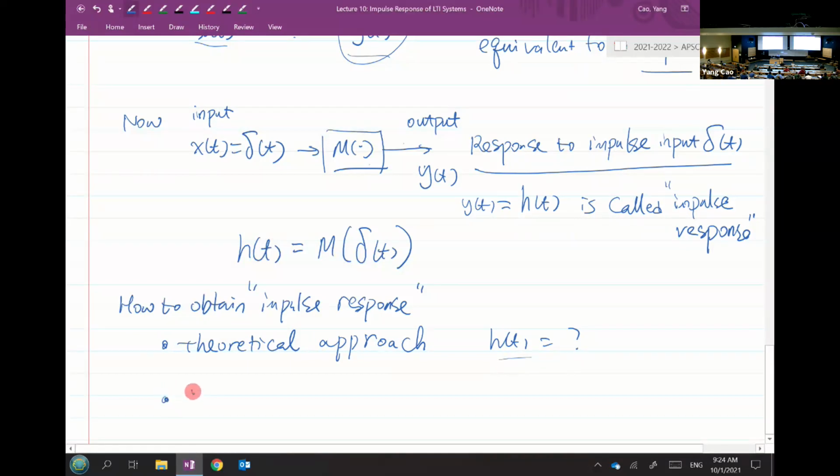The other is the experimental or practical approach. Now this one would not be very accurate. So what's a practical approach?